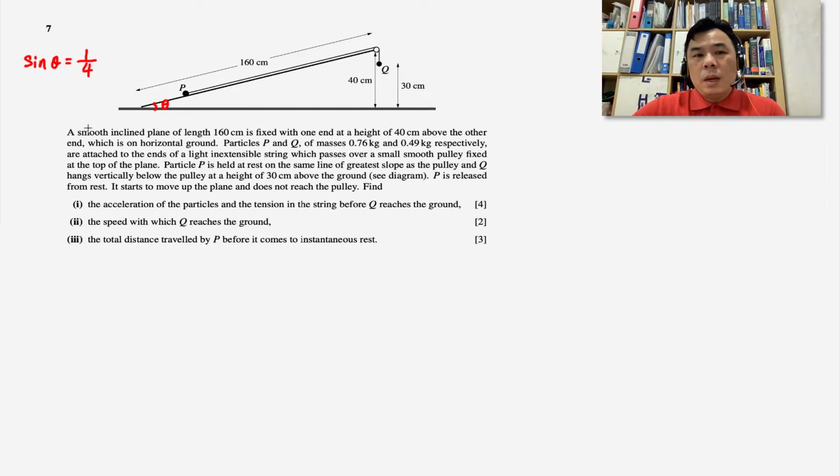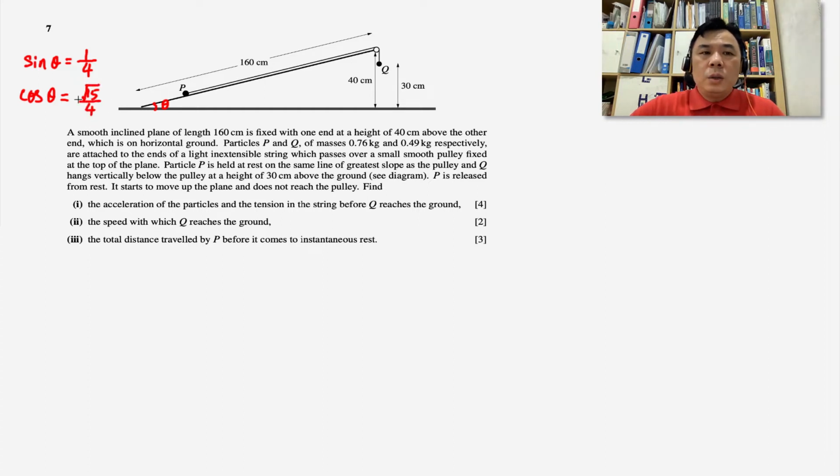And then from here you can also produce some other ratio, for instance, if you need them sometime. You can produce cosine theta, which in this case will be root 15 over 4.